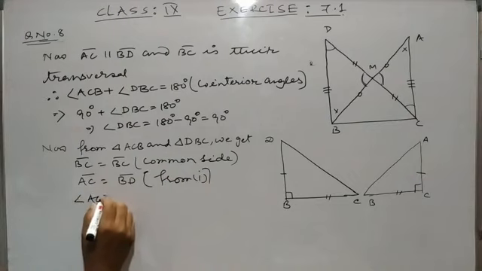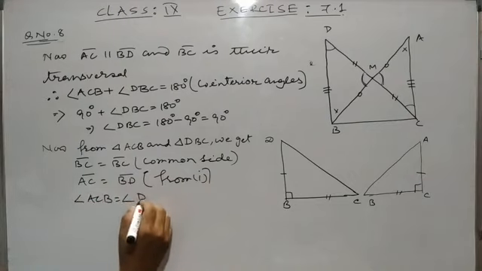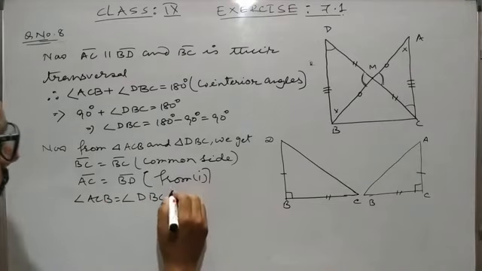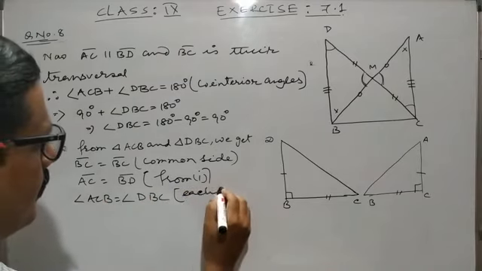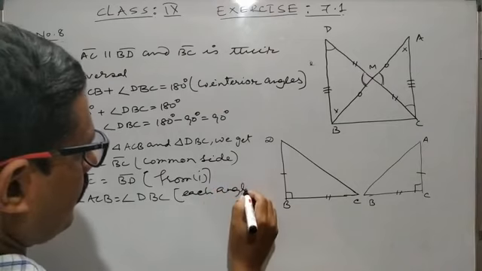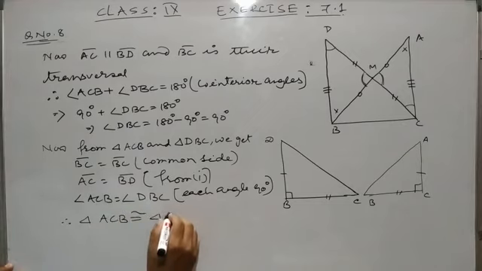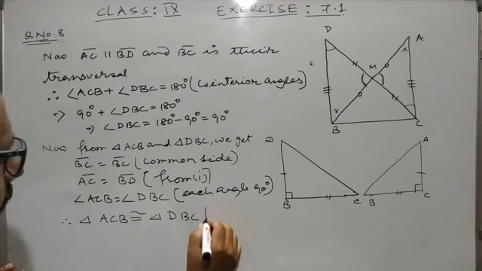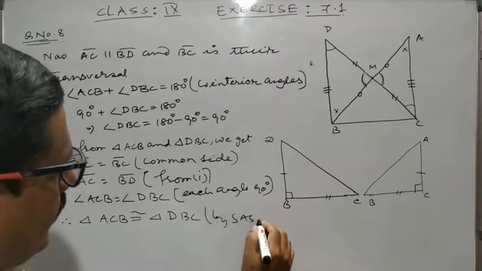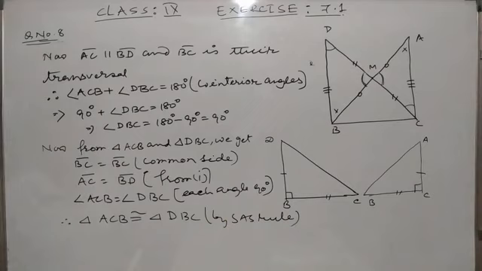Angle ACB equal to angle DBC, each angle 90 degrees. Therefore, triangle ACB congruent to triangle DBC by SAS rule.